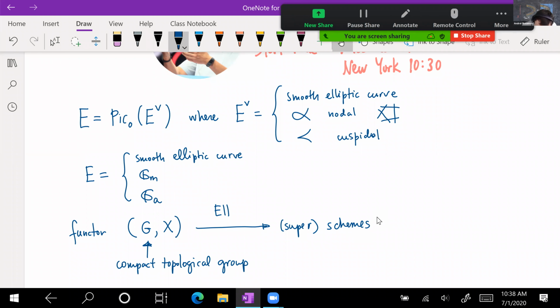Since every map maps to a point, and this is supposed to be a covariant functor, this is like the spectrum of cohomology.